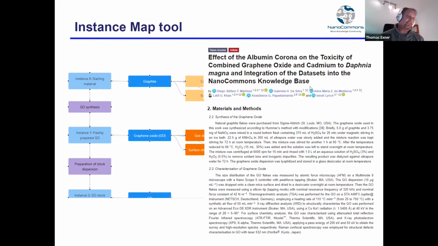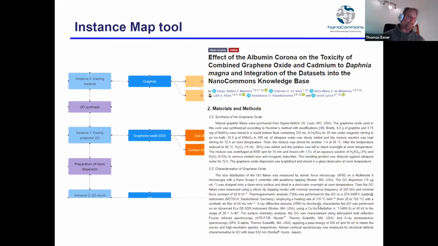You can see here that in principle we already have this one-to-one mapping. You have this synthesis of graphene oxide. This would be exactly this part, and we could link this part to this node, and say, if you click on that, you would get this information. Then you go through that, and here's a characterization of the graphene oxide, and there were some size measurements in there.